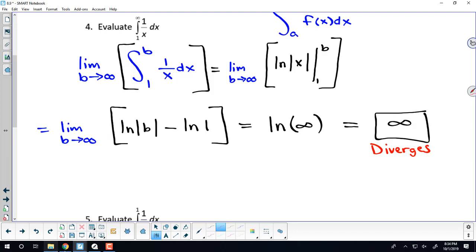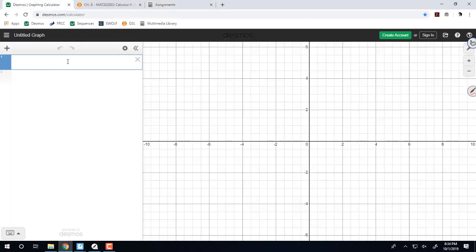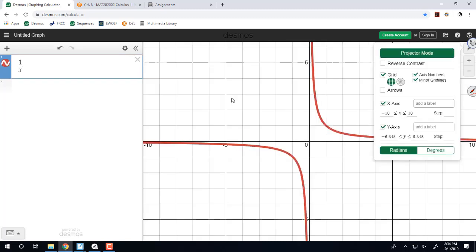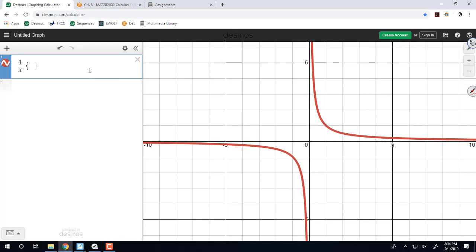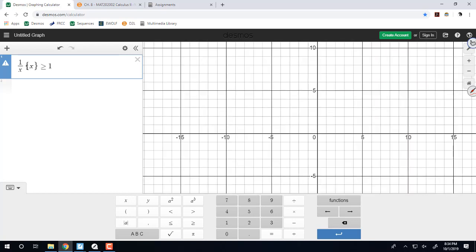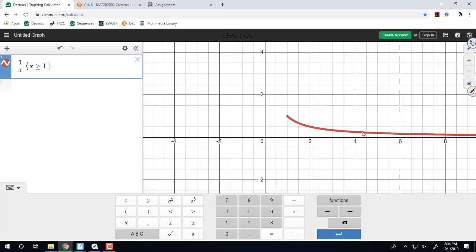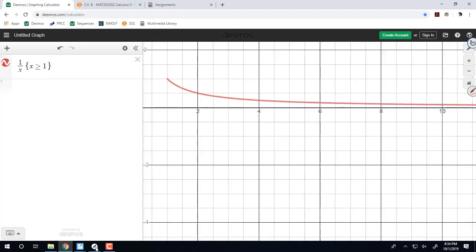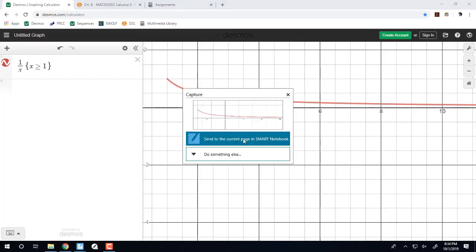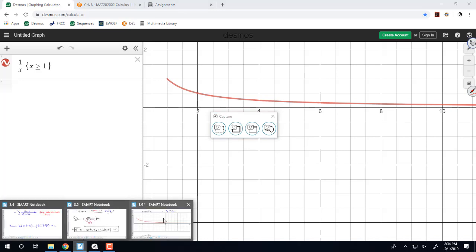Meaning, or I guess another interpretation, it just means that this area from 1, the area under the curve and above the x-axis, is infinite.